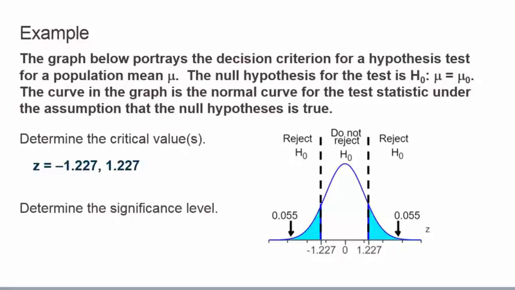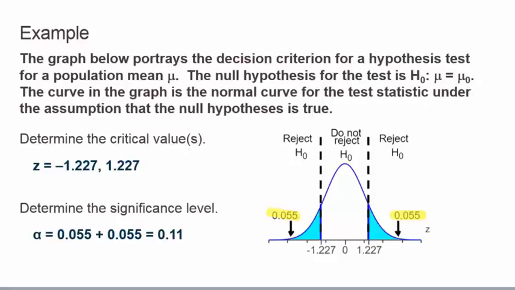Determine the significance level. We have two areas. The one to the left is 0.055. The one to the right is 0.055. So alpha will equal 0.055 plus 0.055, which is 0.11.